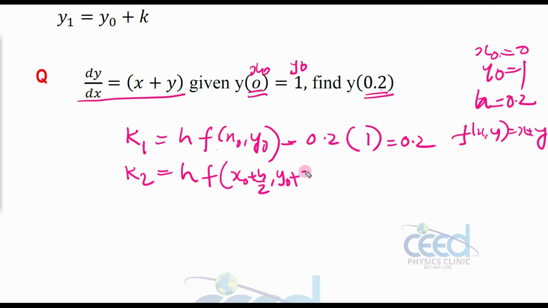This is k1 by 2. That is equal to, here h again is 0.2.